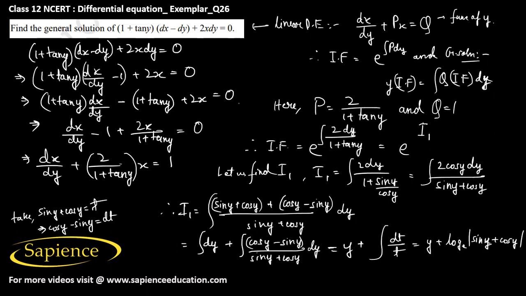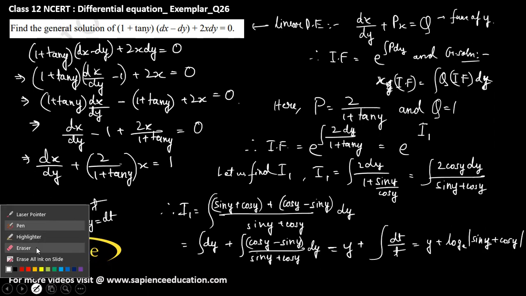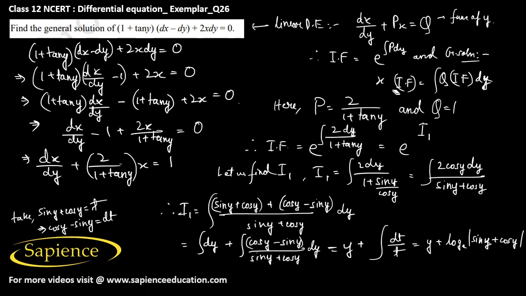Since Q and P are both functions of y, we should not write y, this will be x. The general solution in this case will be x times the integrating factor equals integral Q times integrating factor dy.